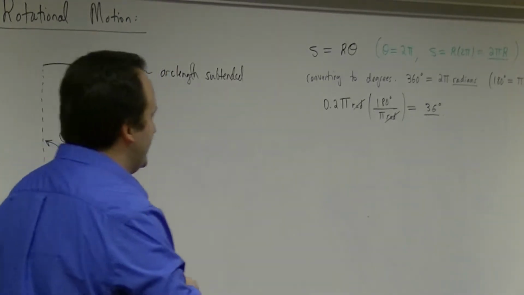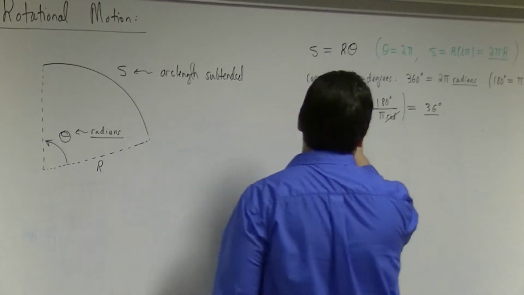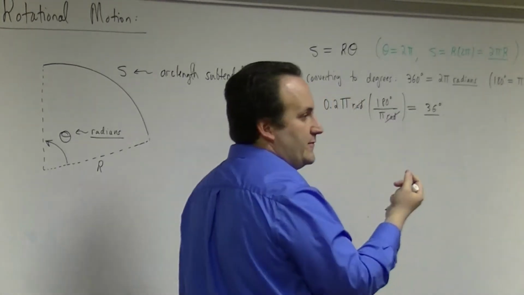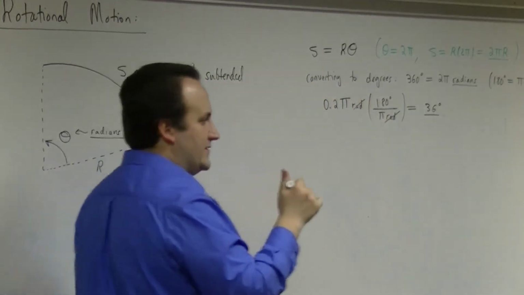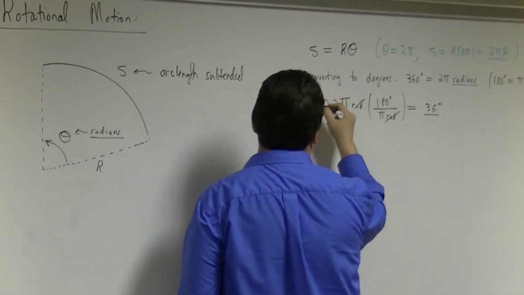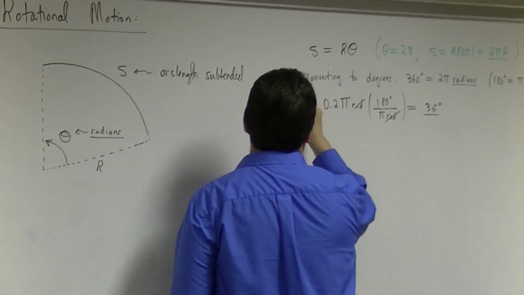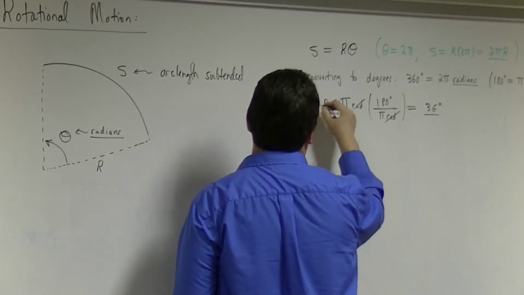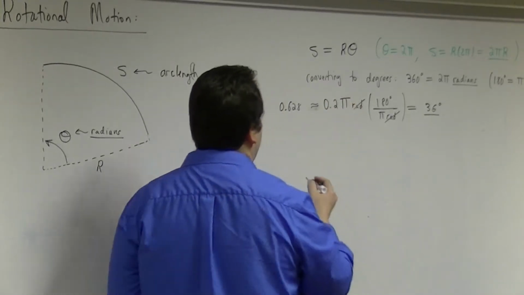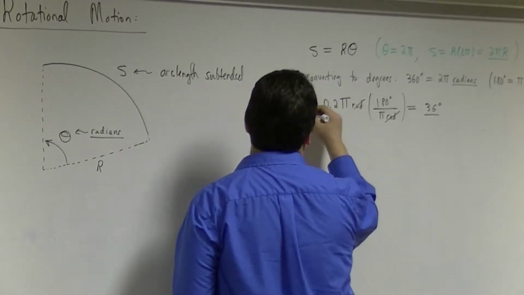Now 0.2 times pi is about what? Pi is 3.14, so 0.2 times 3.14 is 0.628. So 0.628 radians is 36 degrees.